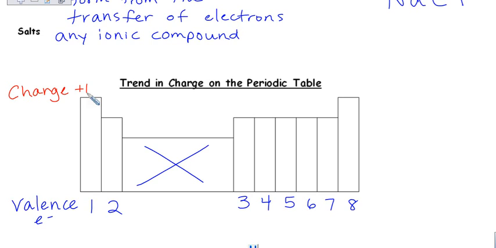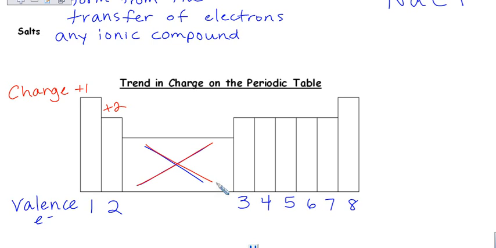All the alkaline earth metals have 2 valence electrons. They could either just lose 2 or gain 6. Lose 2. They'll all be +2. We still skip the transition metals. If the number of valence electrons can change, their charge can change. We'll deal with it later.